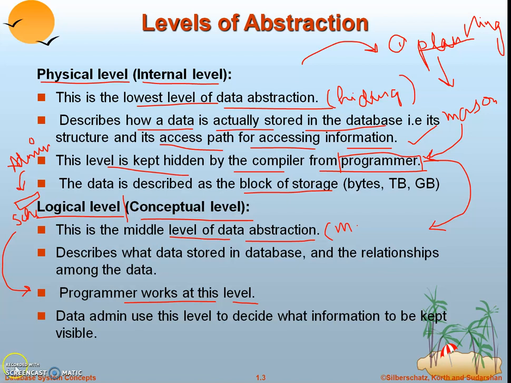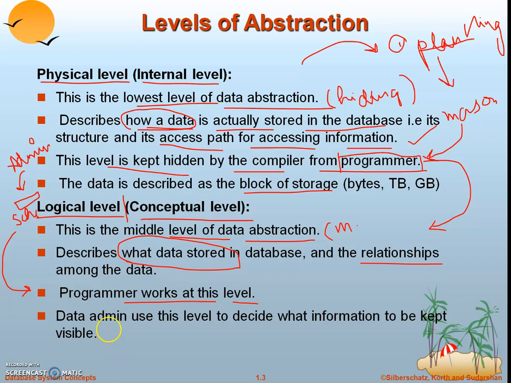So here it describes what data is to be stored in the database and the relationship among the data, whereas in previous case it was focused on how the data is to be stored. Here it's focusing on what data has to be stored in the database along with creation of the relationship.